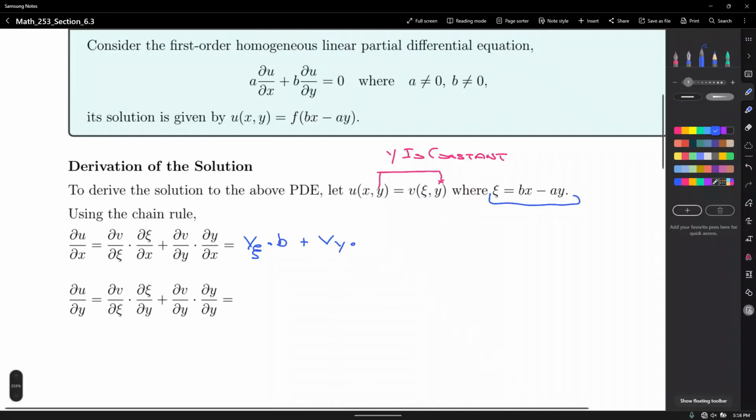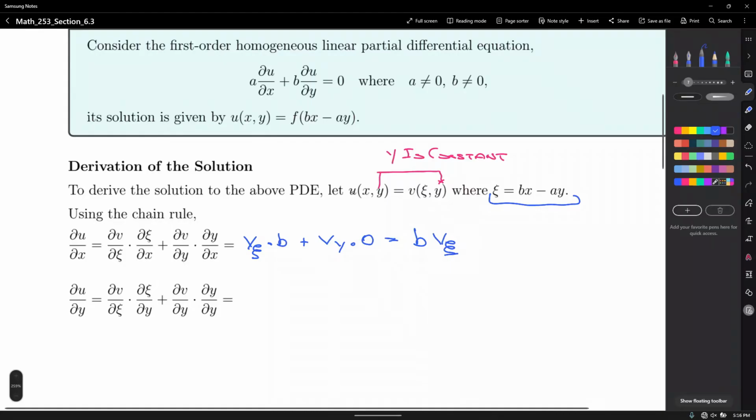Guys, this could be the tricky part of the problem, because again, what did we say about y? Didn't we say it's constant? If you differentiate y with respect to x, or whatever variable, it's going to be 0. So that's going to leave us with b times v with respect to z.